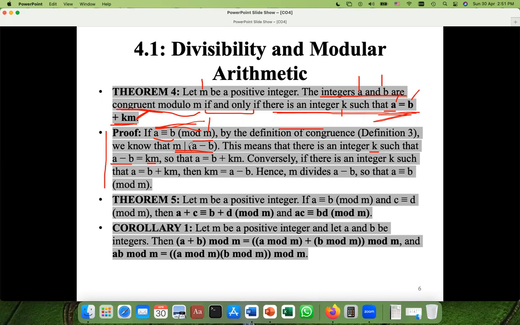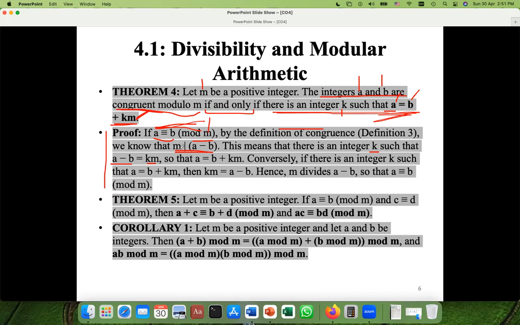Here, when we say m divides a minus b, we are not mentioning the quotient. If you represent this with some number, you will understand.